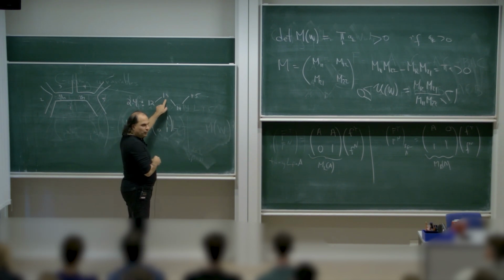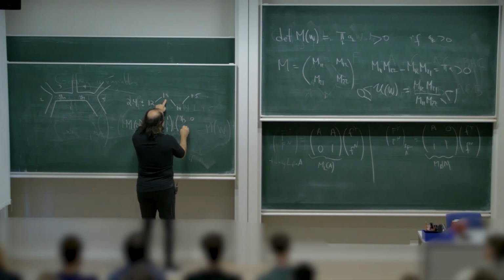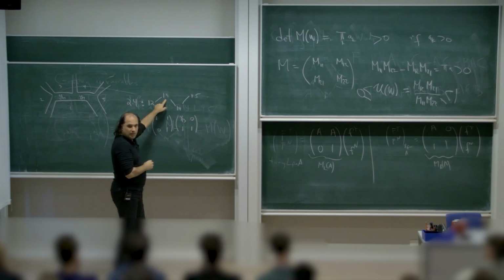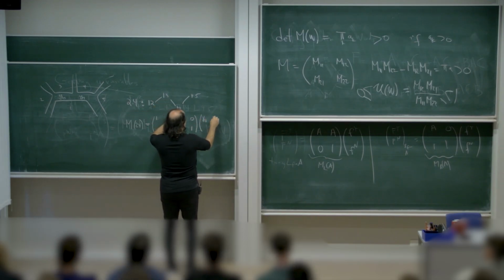Then at 1, 3, I turn right, so here I put the matrix Y13, 0, 1, 1. At 1, 4, I turn left, so I put the matrix Y14, Y14, 0, 1. Okay?